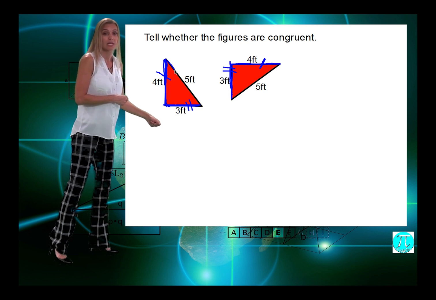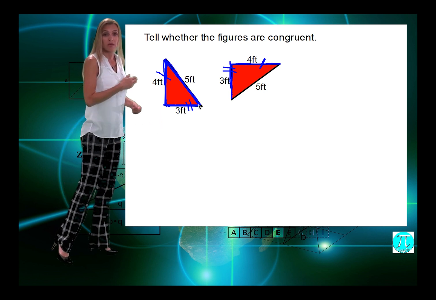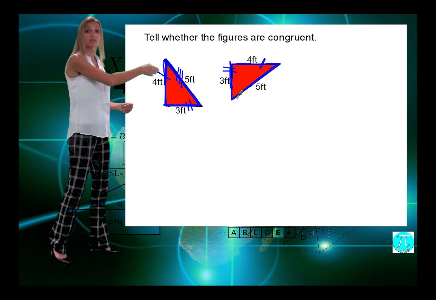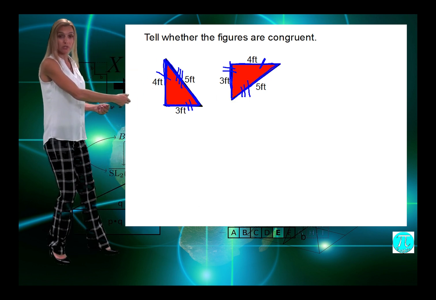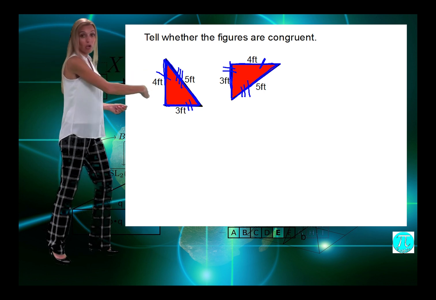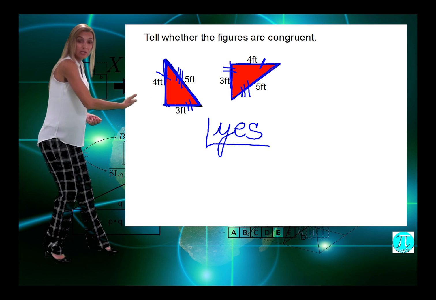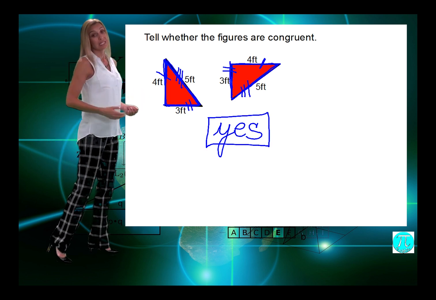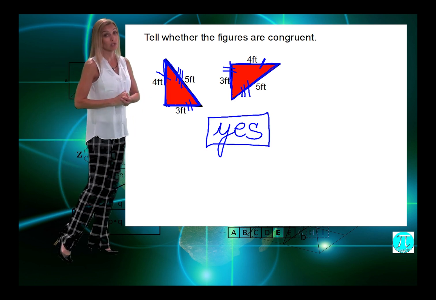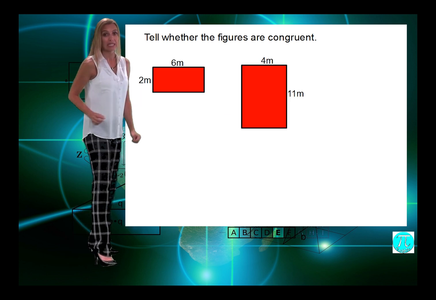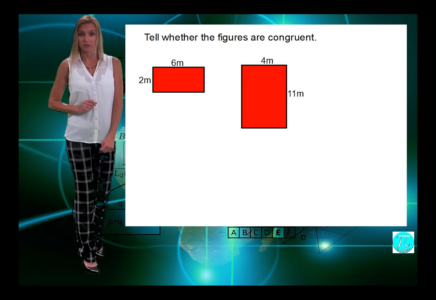All right. Then we have the other side that measures 3 units, which is congruent to the side this way, that's 3 units. And then we have our hypotenuse, that's 5, which is congruent to the other hypotenuse that is 5. That means these two triangles actually are congruent. Same sizes. Let's look at these rectangles.